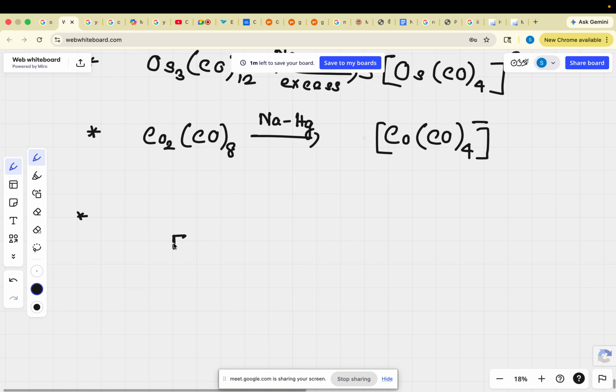Suppose you have this, you have iron, this is your bridging CO. Here also you have one iron center. This side also I have one bridging CO. Here you have an iron-iron bond. CO is there.